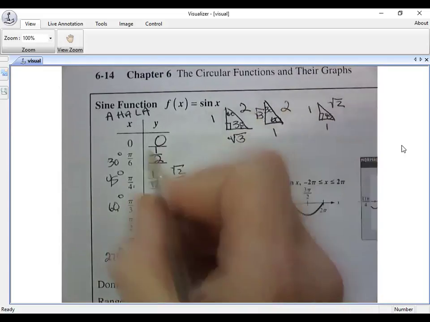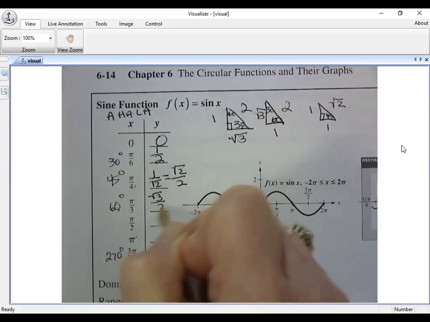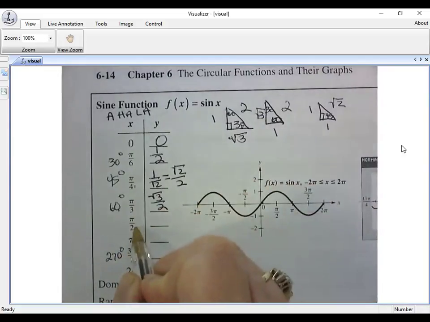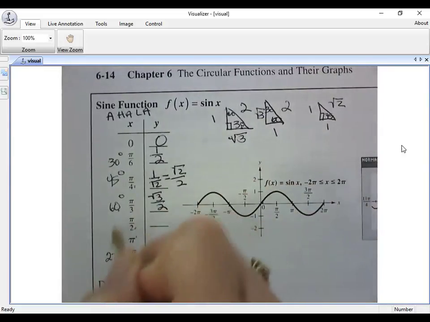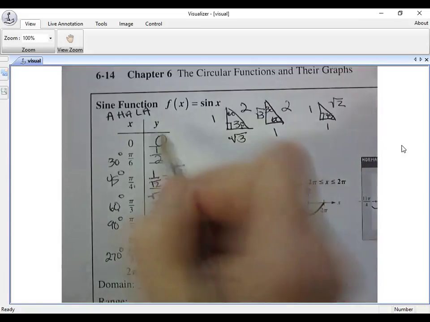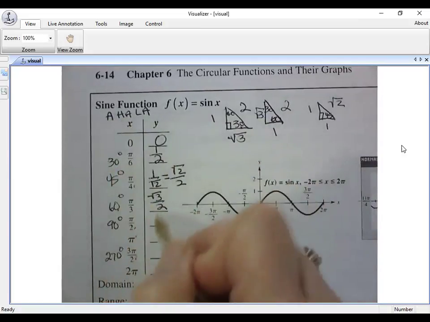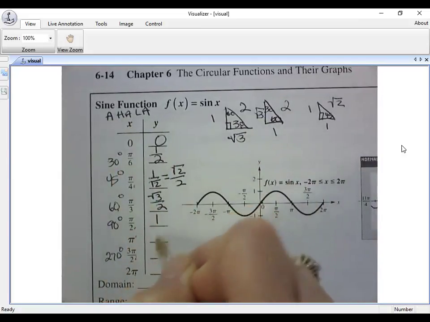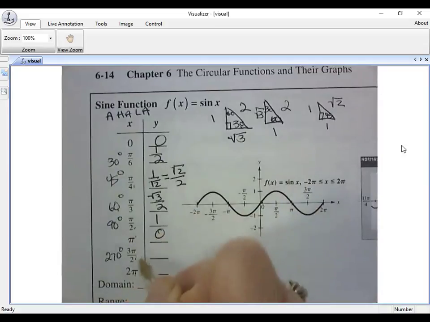Square root of 3 over 2. Now, I'm back at my axis angles. Pi over 2 is 90. What is the sine ratio for 90? Excellent. I'm back at a halfway point. So it's a high point, so that's 1. Pi is 0. 3 pi over 2 is, and 2 pi is, okay.